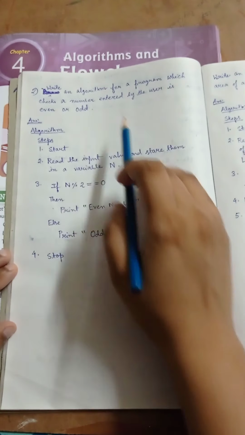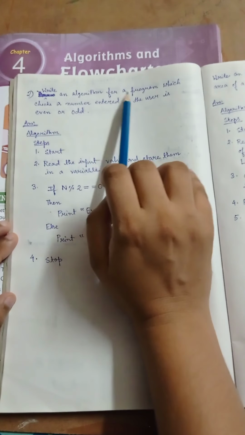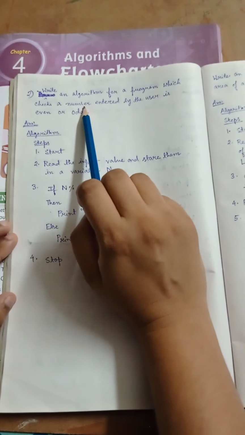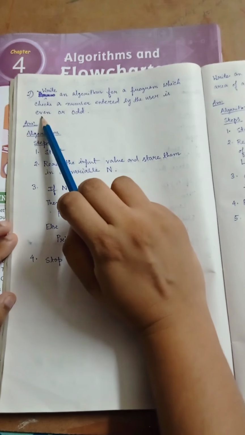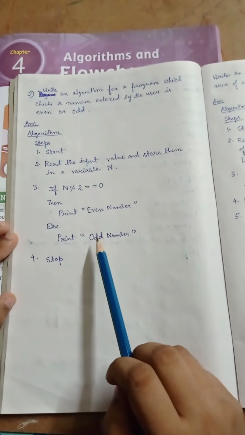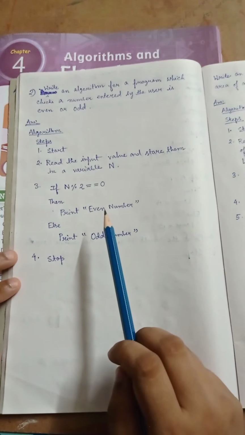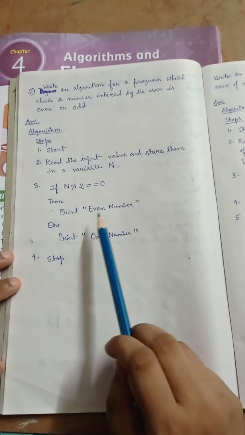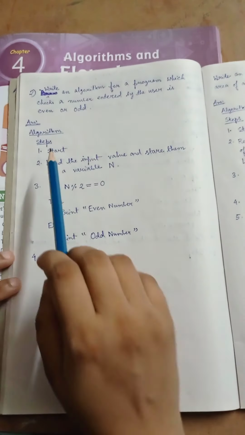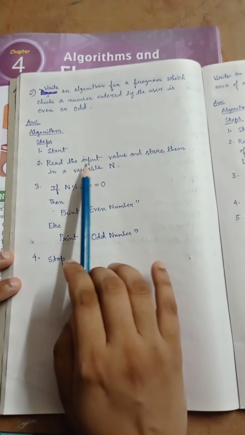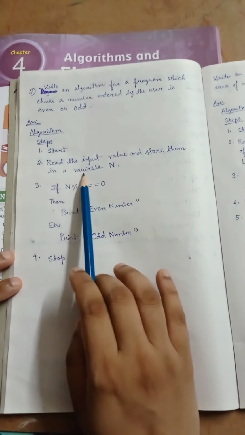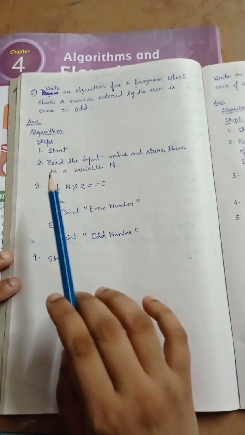This is another example. Write an algorithm for a program which checks whether a number entered by the user is even or odd. So suppose the user enters a number and you have to check if the number is even or odd. First is start, then read the input value and store it in the variable n.